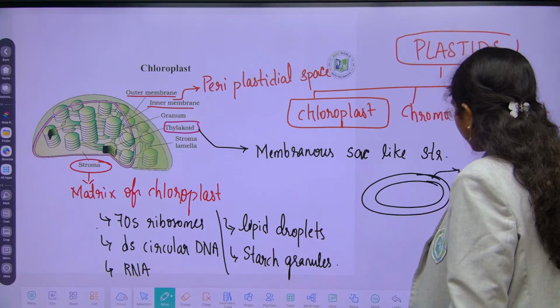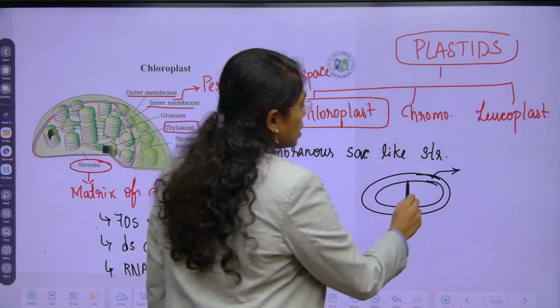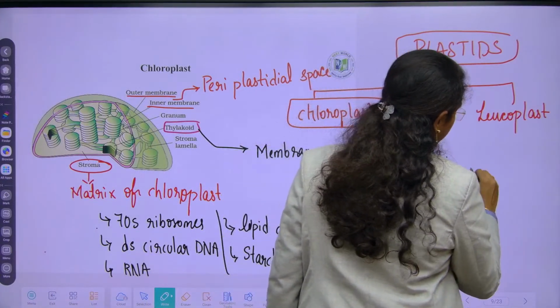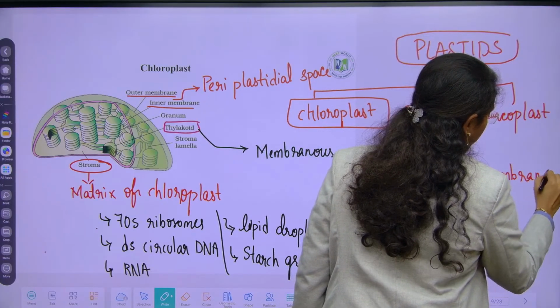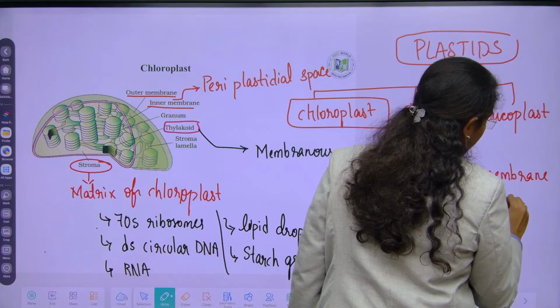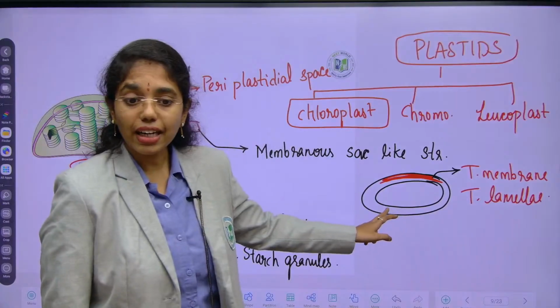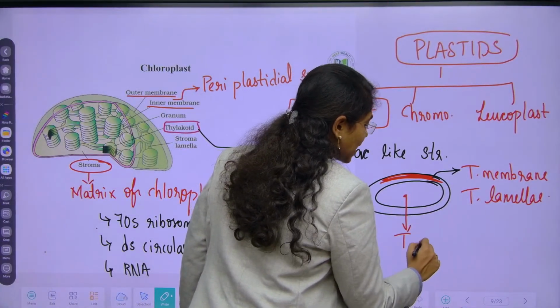This membrane is addressed as thylakoid membrane or thylakoid lamellae. And the space inside this thylakoid is known as what? Lumen of the thylakoid. This is known as thylakoid lumen.